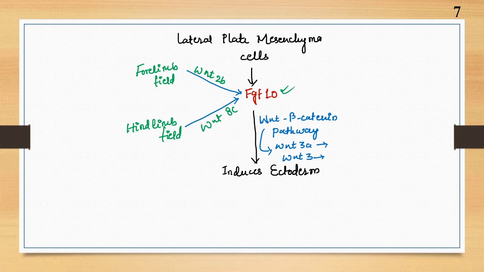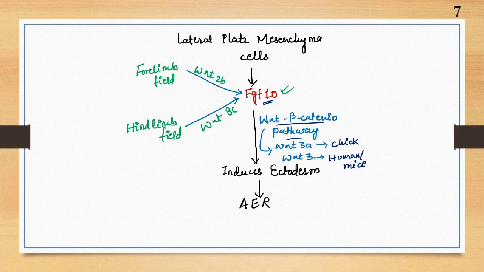So Wnt3A is present in case of chicks and Wnt3 is present in case of human as well as mice. Okay, so the pathway through which FGF10 induces the ectoderm is Wnt beta catenin pathway, and as ectoderm is induced, it leads to formation of AER or apical ectodermal ridge.